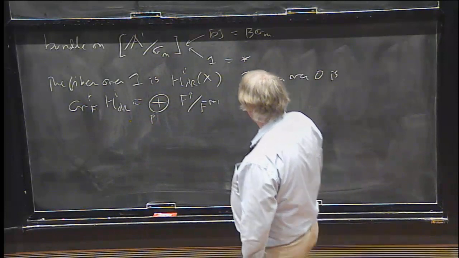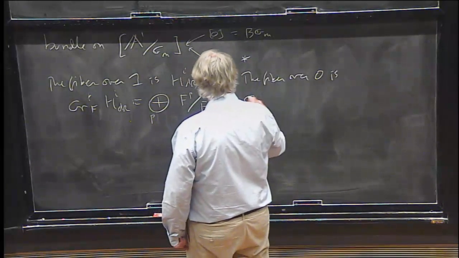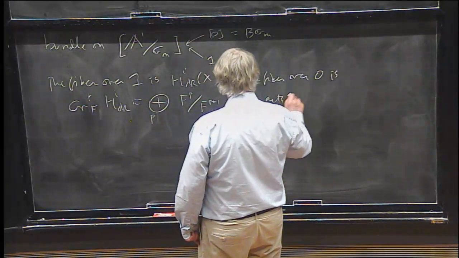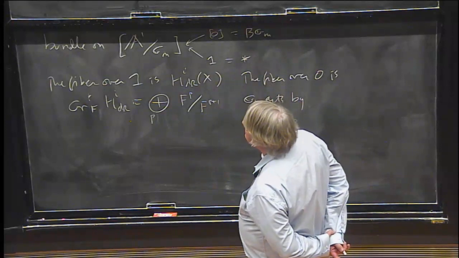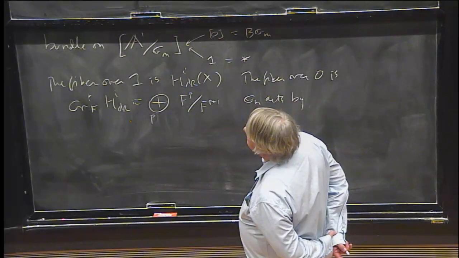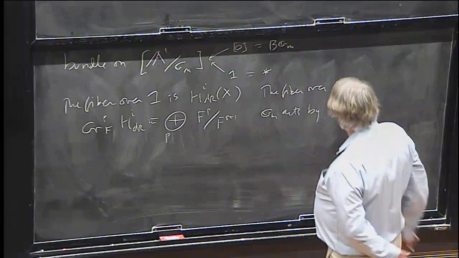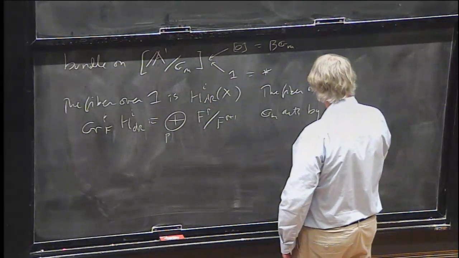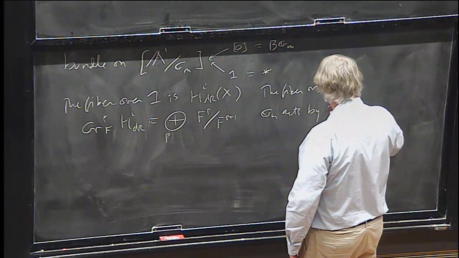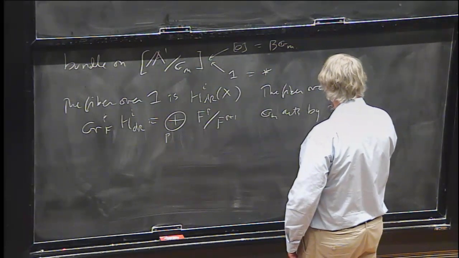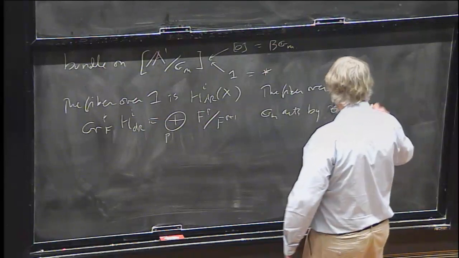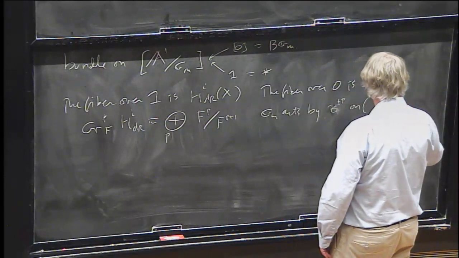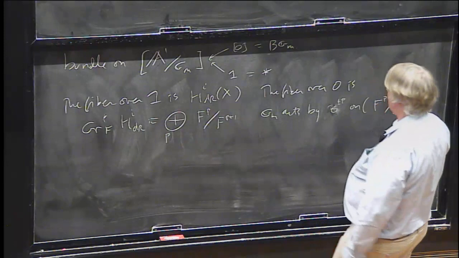And this has a C star action. So G_m acts, I guess I'm going to get this one wrong, I'm tempted to say minus p probably. Well, not sure. Sorry about that little calculation.